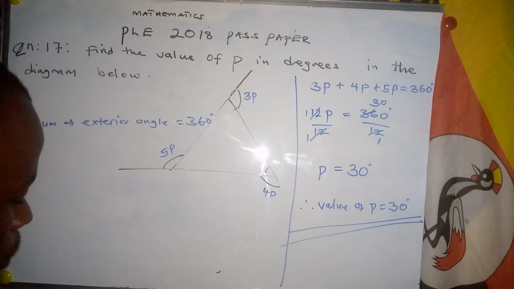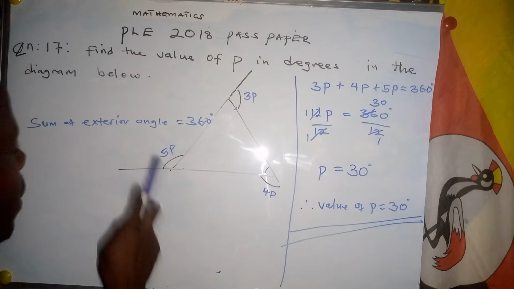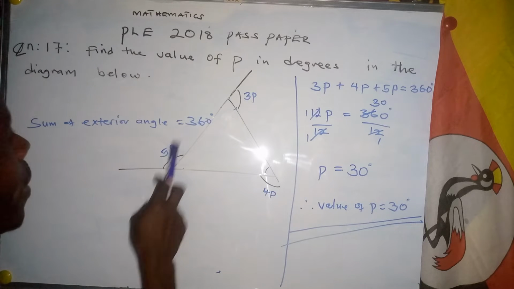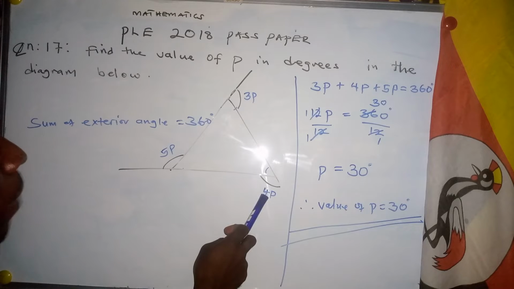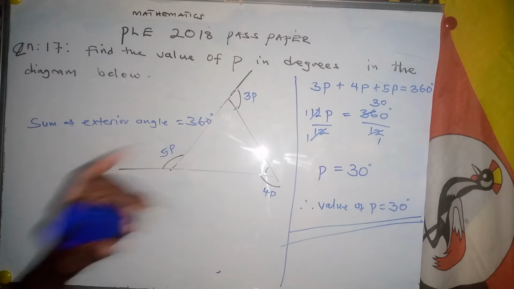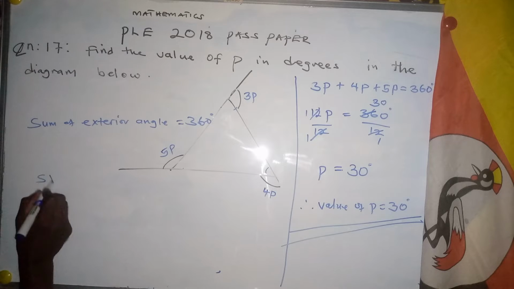How do you prove the answer is the truth? If you get 30 and you put it here, multiply by 5, multiply by 3, and multiply by 4, you get 360. Let us prove this answer and see.